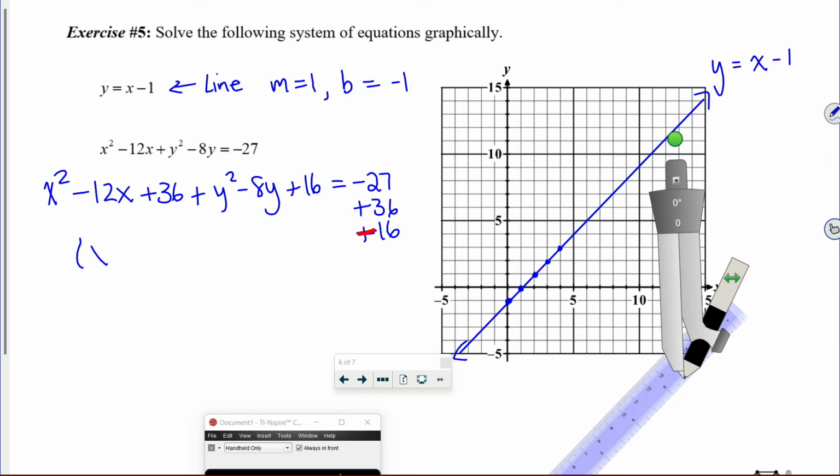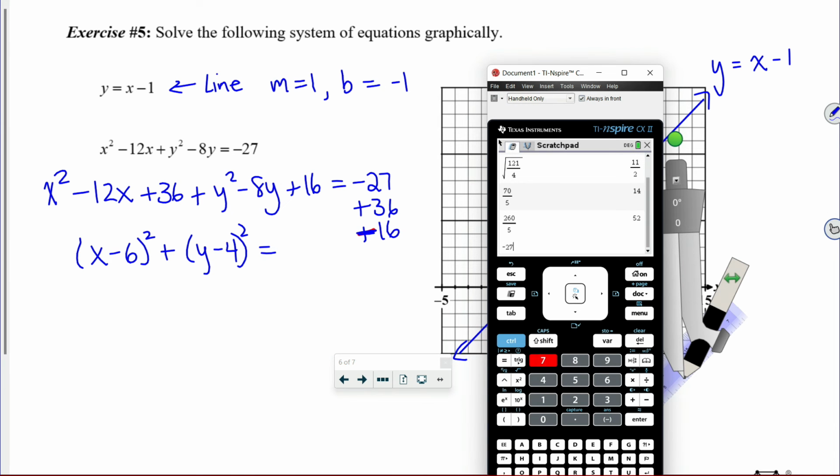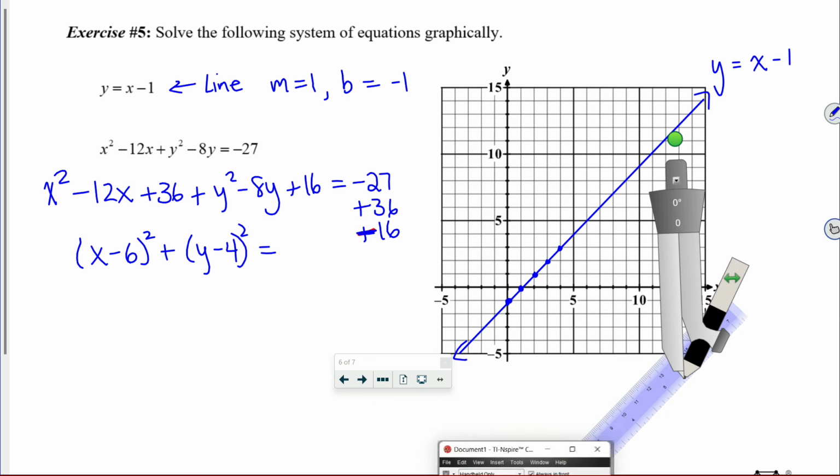Here we'll have x minus 6 squared. Here we'll have y minus 4 squared. And here, I think I'll bring out my calculator real quick. -27 plus 36 plus 16 gives me 25.